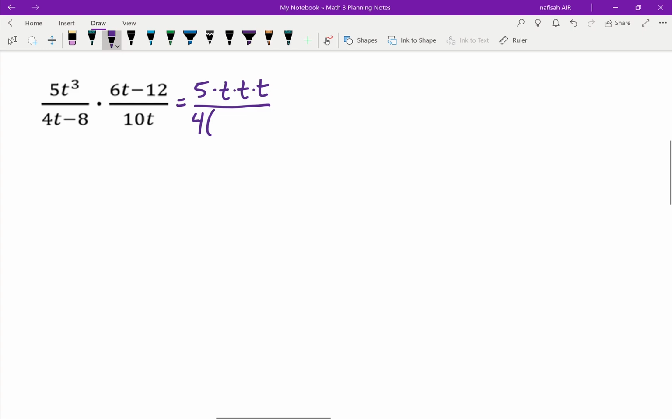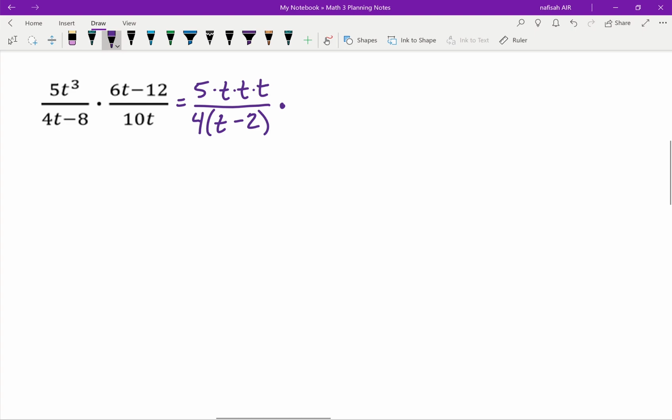And so then if I divide 4t by 4, I'm left with just a t minus 2. If you need help with GCF factoring, there are plenty of videos on GCF factoring. Please look it up. I'm going to now factor the numerator in my second fraction and my second rational.